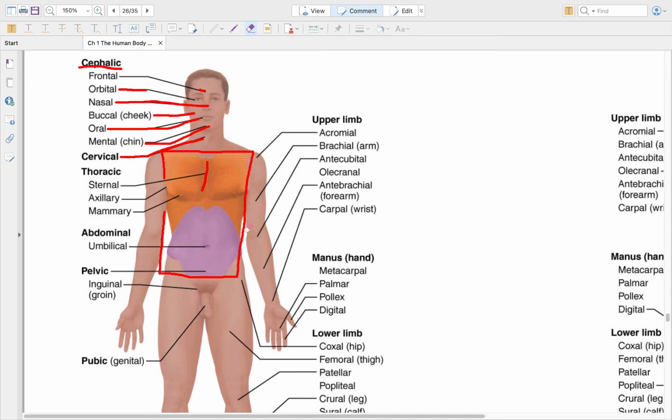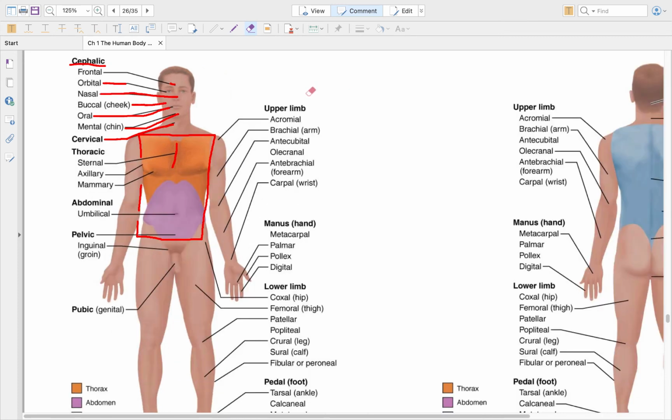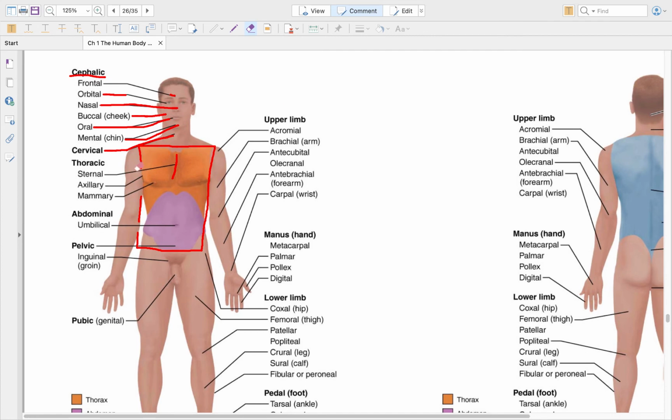Abdominal. And one of our terms here is umbilical for obvious reasons. That's where the umbilical cord was. And then this is the pelvic region. Of course, we have our pelvic and then pubic region. That's the axial terminology. Let's talk about appendicular.